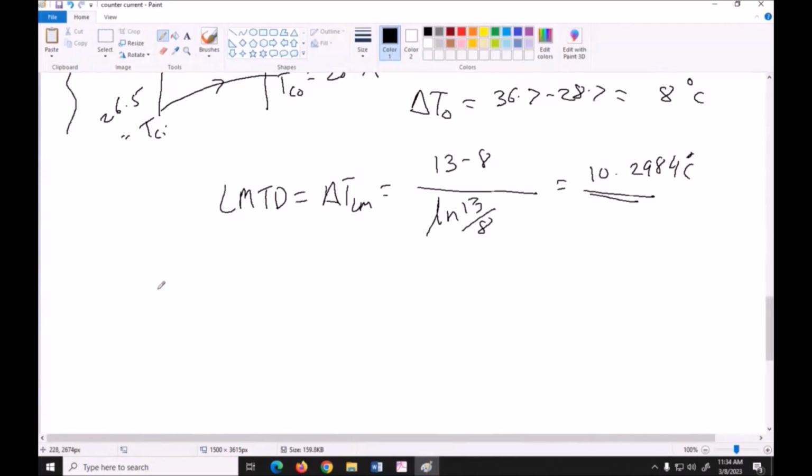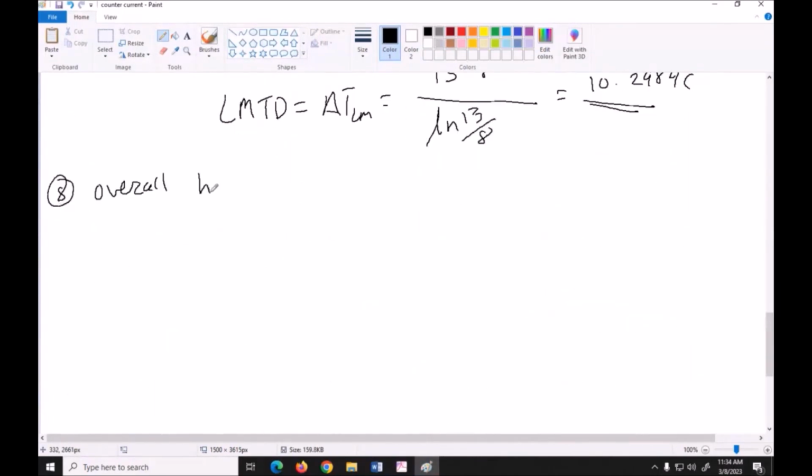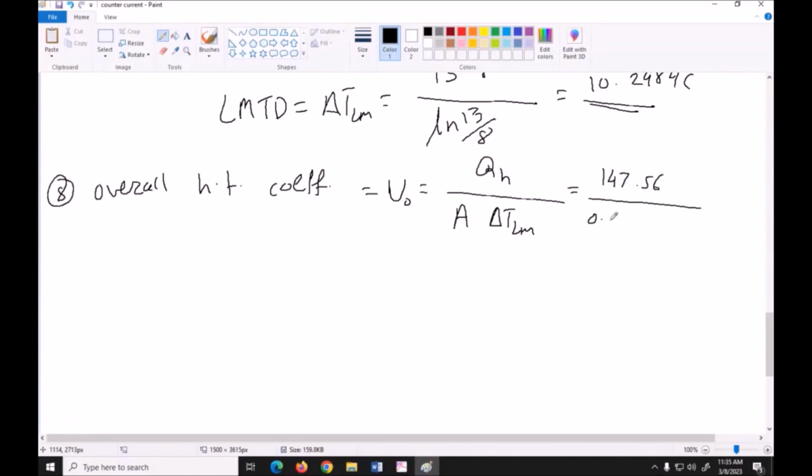Now LMTD is known, so I can find out the overall heat transfer coefficient. U is equal to U naught is equal to QH or QC divided by area into delta TLM. QH is 147.56 divided by area, which is the same, 0.01845, into 10.2984.